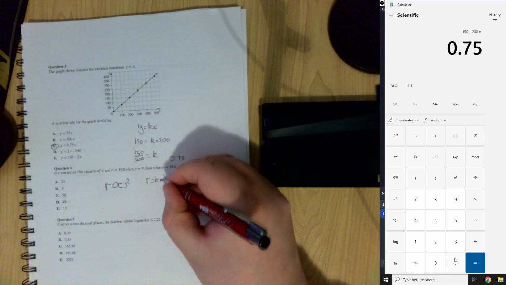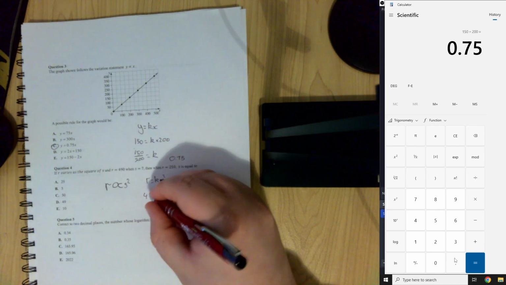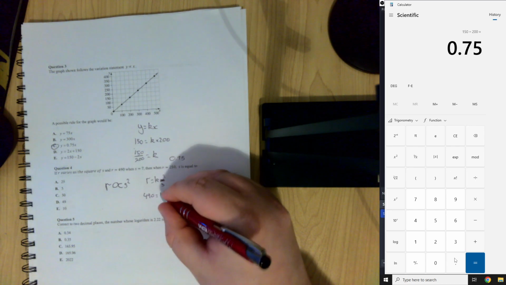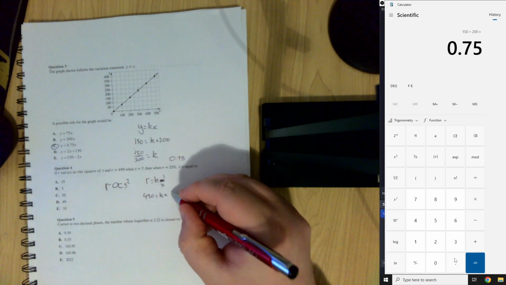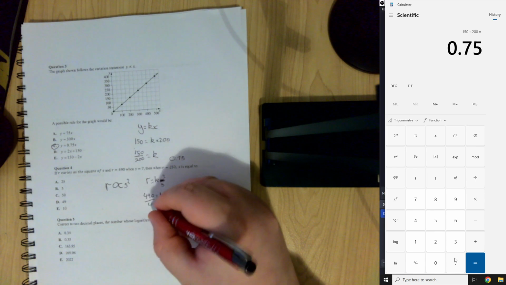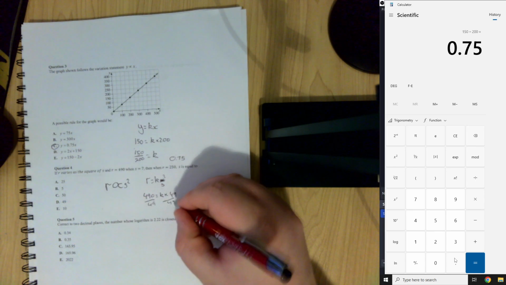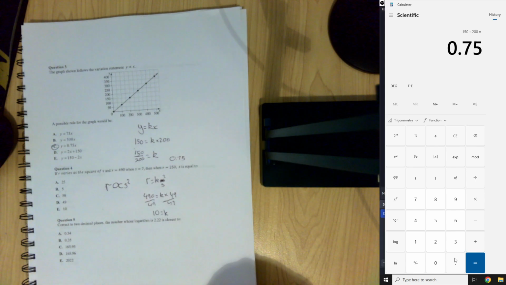Why did I do x? I meant s. Okay, what does it say? 490 equals k times s, so 7 squared is 49. Divide both sides by 49, and that gives us 10 equals k.